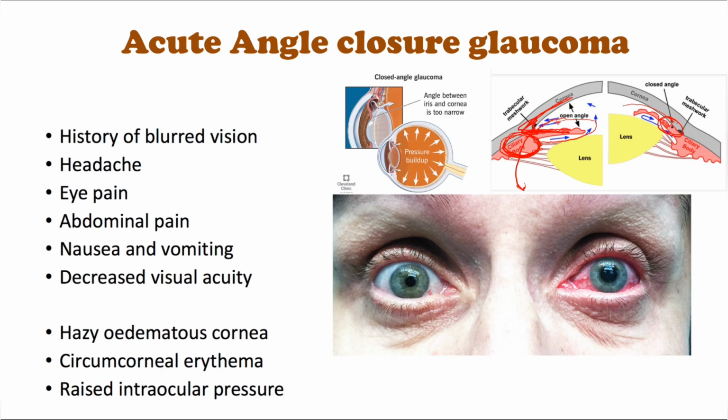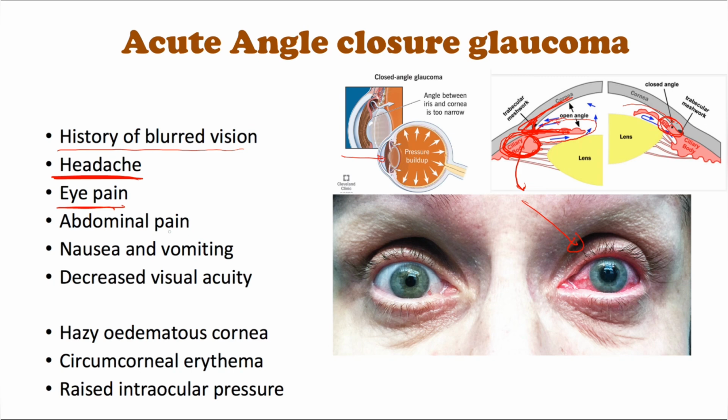So increased pressure in the anterior chamber leads to these findings. The patient will be having a history of blurred vision and feeling halos around the eye. There is headache. Sometimes, if you are not aware, you may regard this as a simple headache, as a migraine or something, but usually you have to examine. There is usually involvement of one eye.